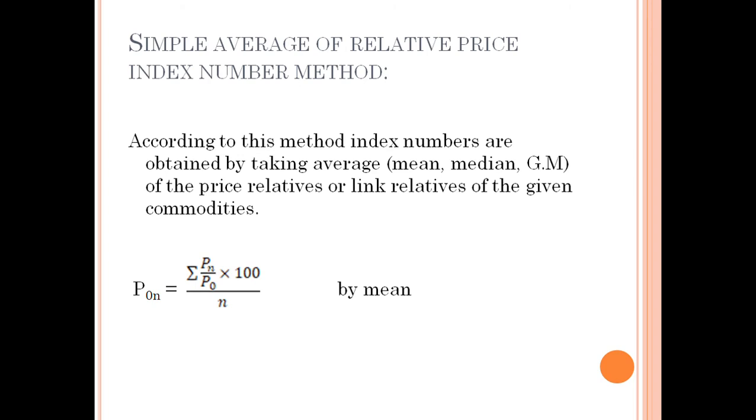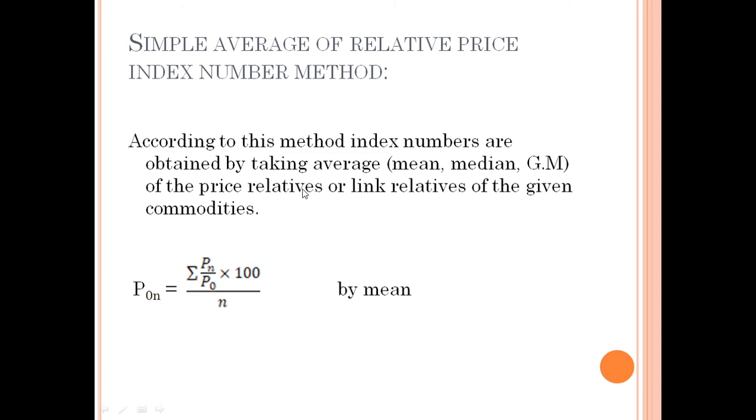Now the second method is simple average of price relatives. It is clear from the name that average means we have to calculate some type of average, and according to this method index numbers are obtained by taking averages, and these averages can be mean, median or geometric mean of the price relatives or link relatives both.